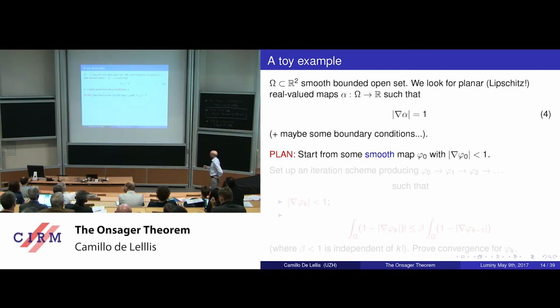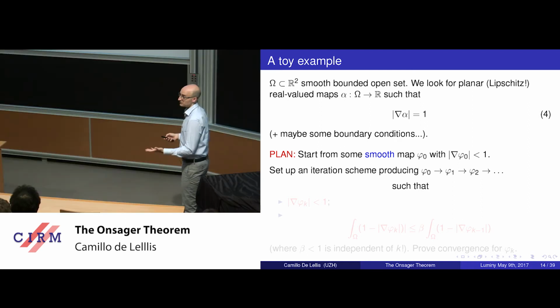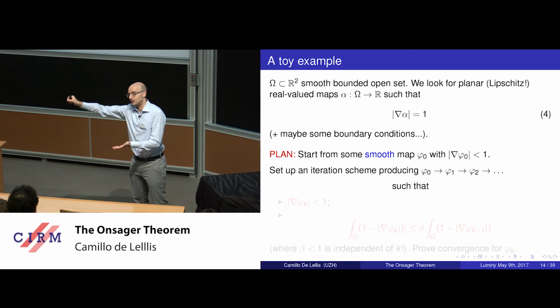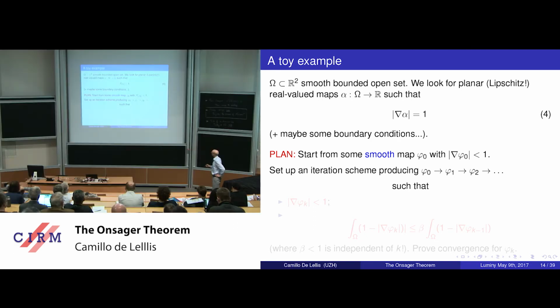So let me tell you that I start with a function which has modulus of the gradient strictly less than 1. Now I want to set up an iteration scheme which ends in the limit in a true solution of the eikonal equation. This iteration scheme produces from a smooth phi 0 a smooth phi 1, and so on.